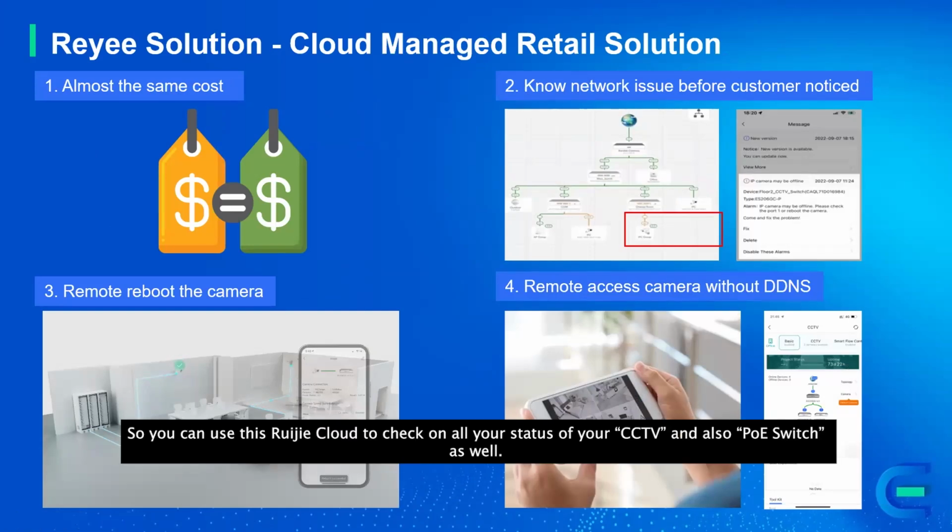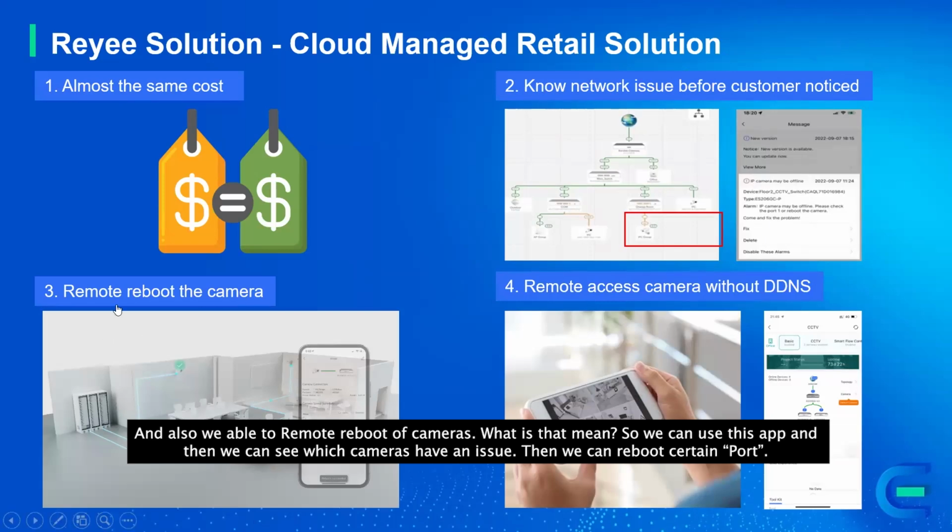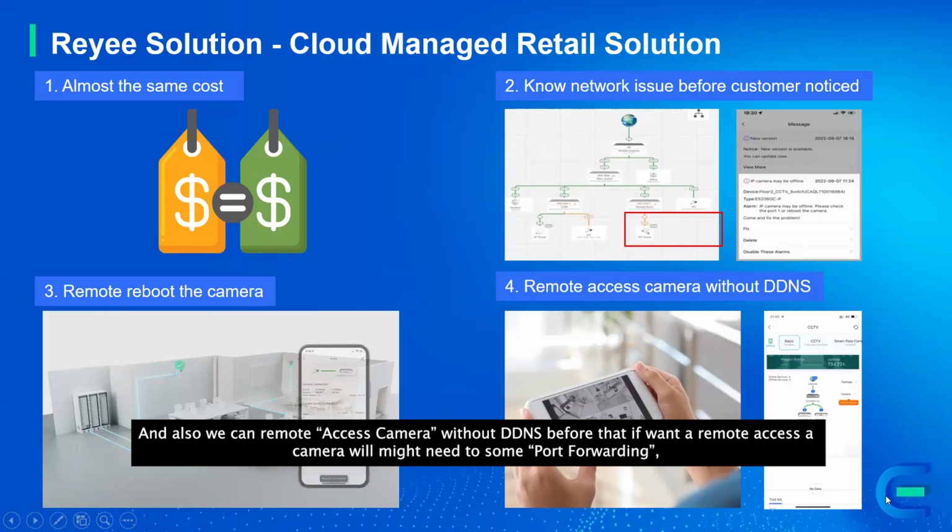You can use Ruijie Cloud to check the status of your CCTV and PoE switch, and we are also able to reboot the cameras. We can use the app to see which cameras have issues, then reboot the certain port of the managed switch. We can also remote access cameras without DNS.